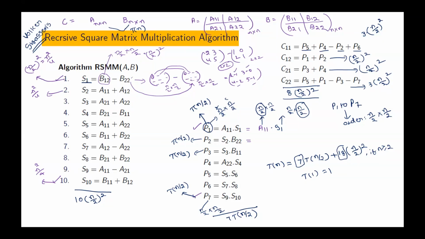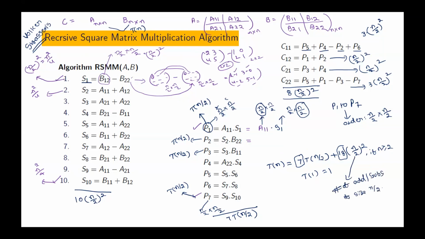It is the number of additions or subtractions of size n by 2 that we are performing in this algorithm, for combining the results and dividing also, in order to find the product of A and B. Is that correct?